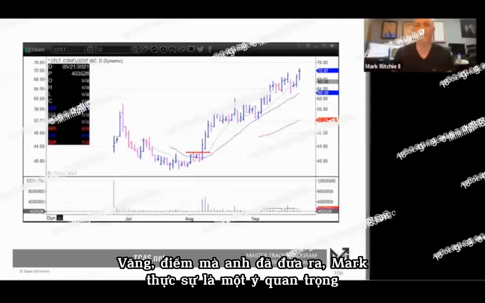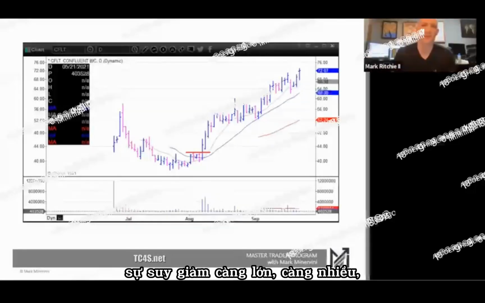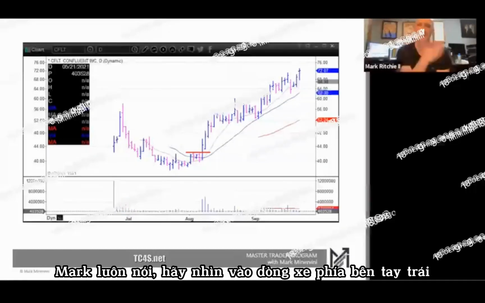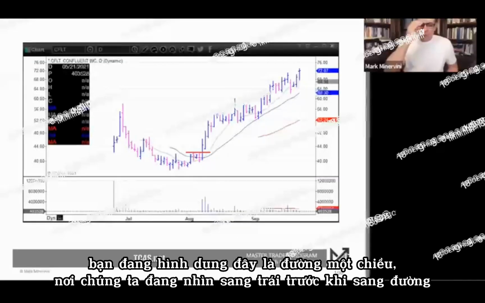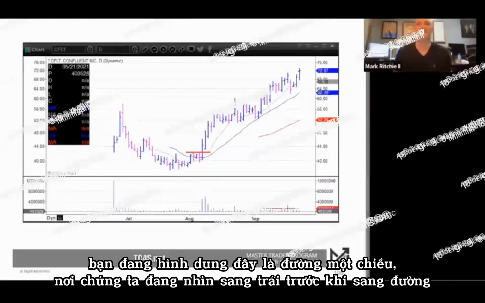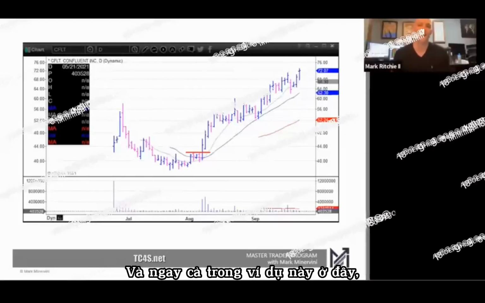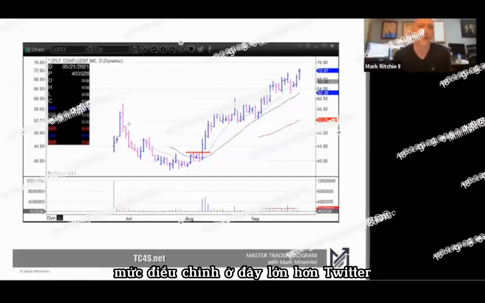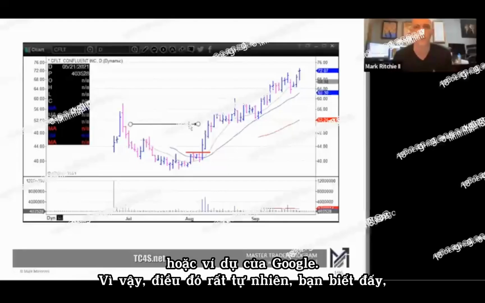That point you made, Mark, is really important though: the bigger the decline, the more trapped overhead supply you're going to have. And Mark always says, look for traffic to the left, meaning this is a one-way street where we're looking left before we jump out. Even in this example here, it did stall out at the old highs. Well, that's because this is a little bit bigger pullback, probably, than the Twitter or the Google example.